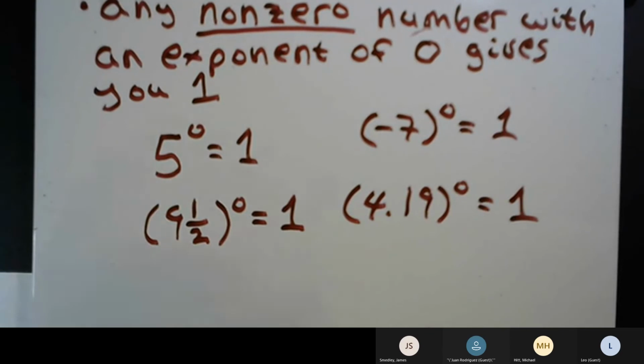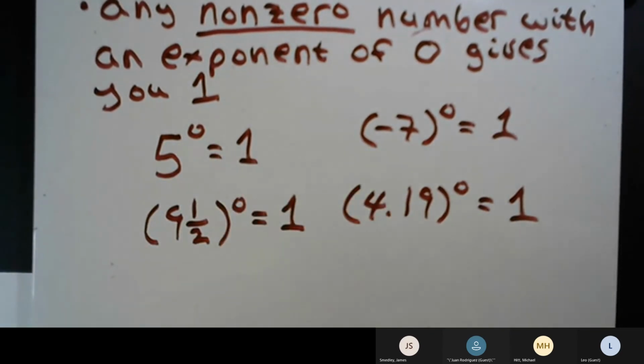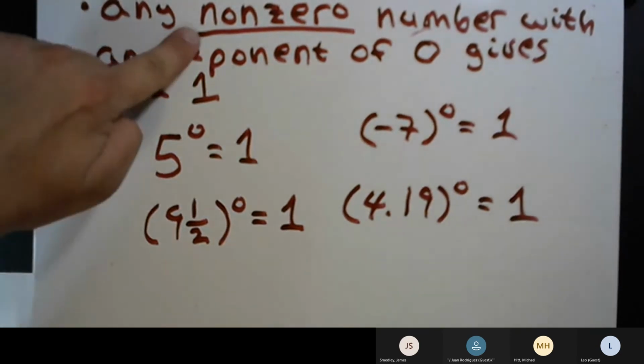Now, we mentioned it's got to be the base, the number that receives the exponent or the power, that has to be non-zero.